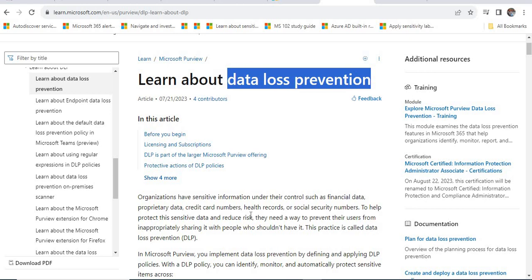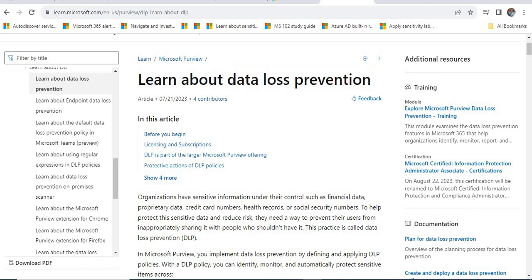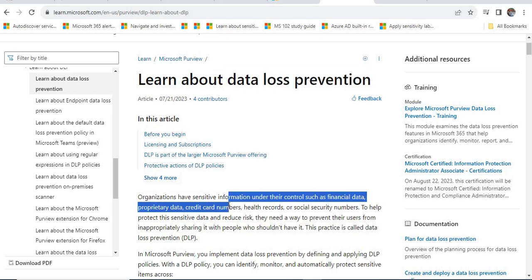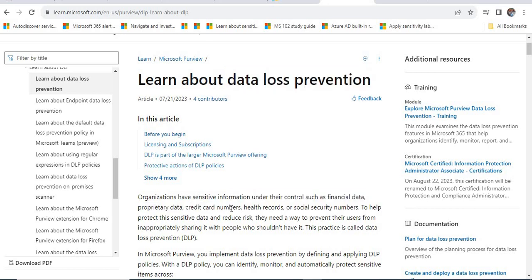This is the Microsoft data loss prevention service. I hope you understand what data loss prevention is. It's a service that will restrict confidential data in your organization.